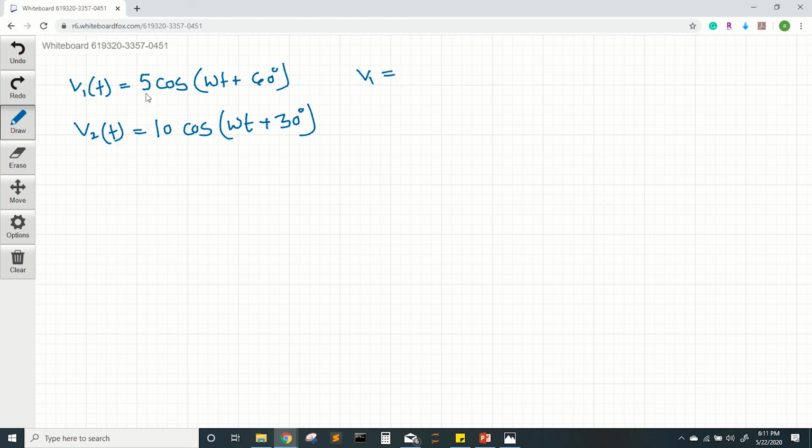So V1 will come 5 at 60 degrees, and V2 will be 10 at 30 degrees. Now we have to convert these to rectangular form.